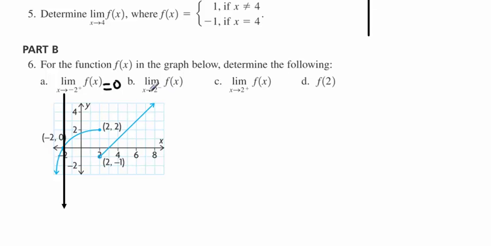That's not what B says, though. B says as I approach +2 from the left-hand side. So continuing on the left-hand side here, I'm going to be approaching this point right here. So from the left-hand side, I'm approaching the value 2. From the right-hand side, so as my x values decrease towards the 2, I'm approaching the value -1.